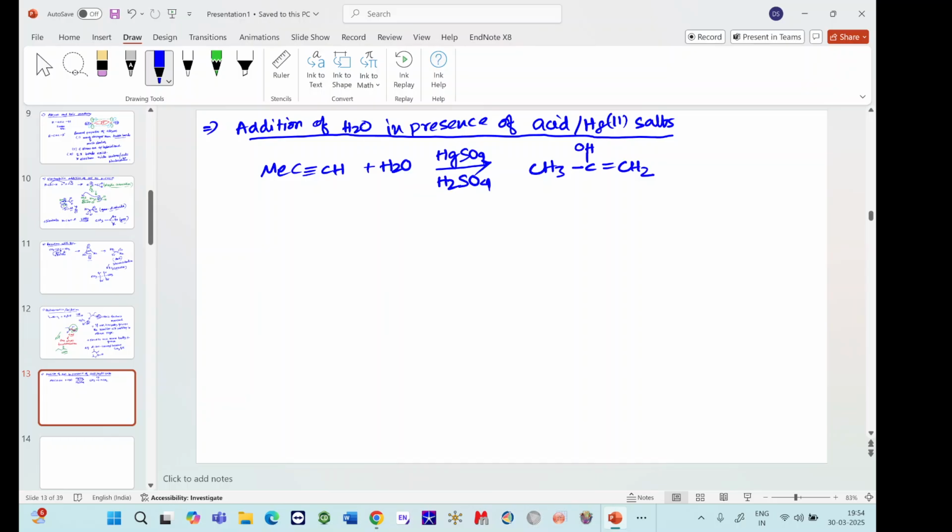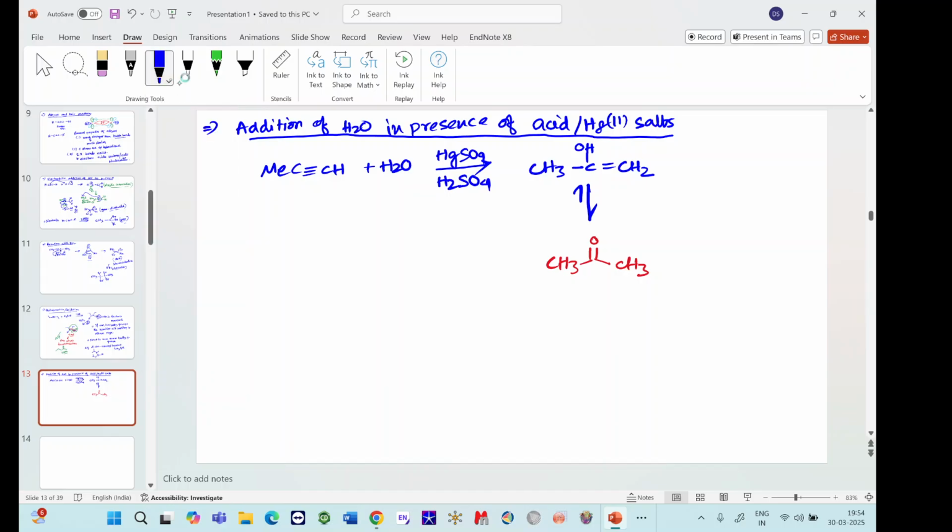So this is similar to the oxymercuration demercuration reaction. So you will get the hydroxyl at the more substituted position, and as this is an enol form, it will tautomerize. So I should keep the equilibrium arrow. It will tautomerize to the keto form. Okay, this will be the product.